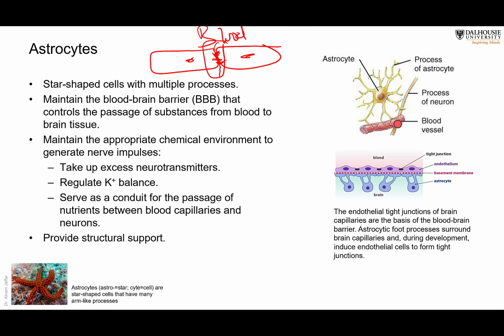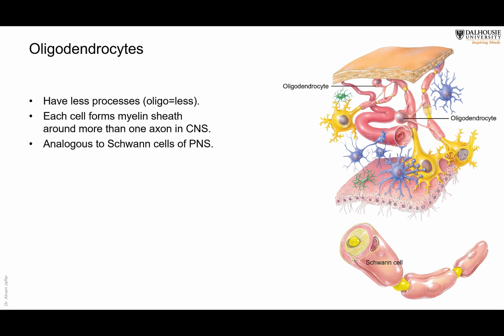The nutrients will pass from the blood vessel to one of these processes, to an astrocyte, and then will be delivered to the neuron. As for their general function as neuroglial cells, it is support: they provide structural support, they provide nutrients, and they enhance the blood-brain barrier.